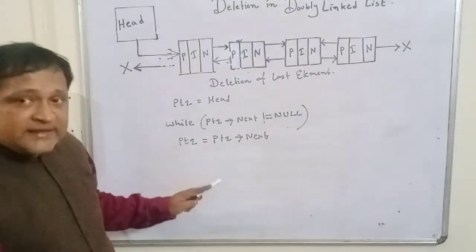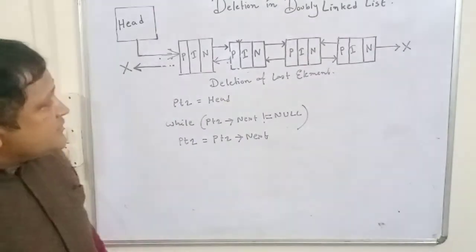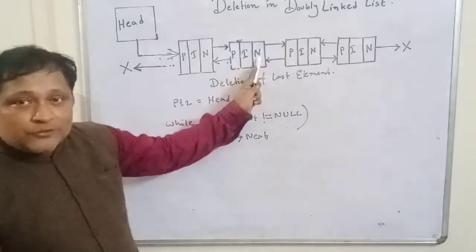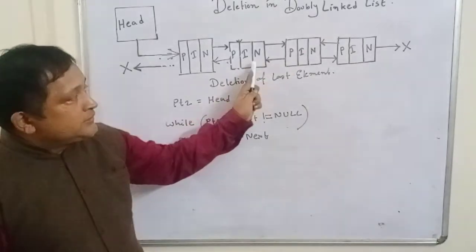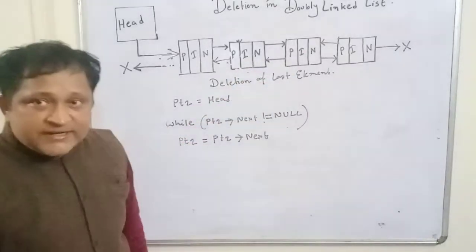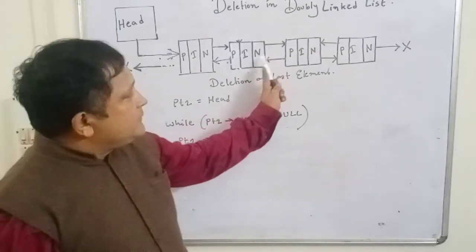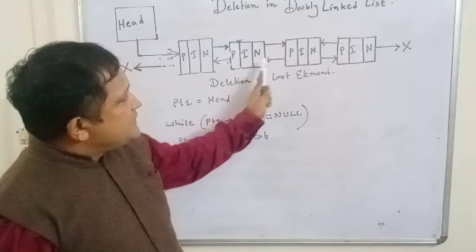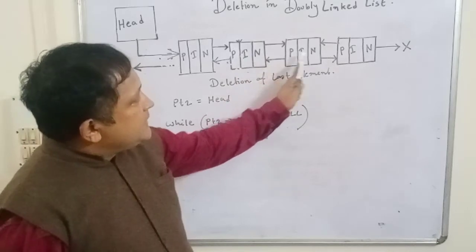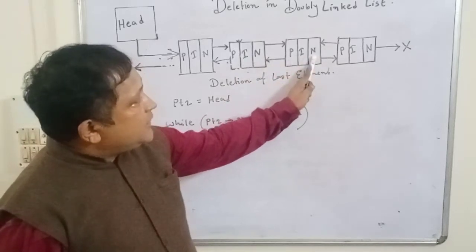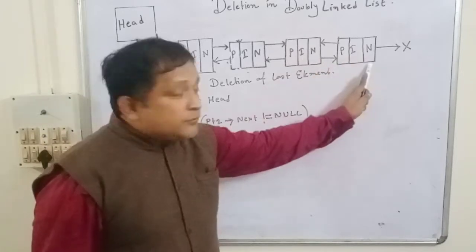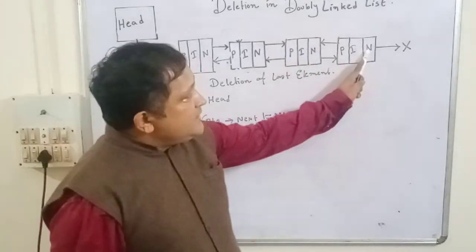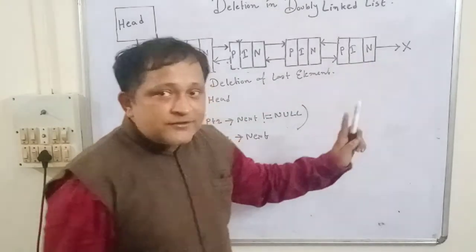Next step of the iteration, the PTR will be updated by the next part of the second node. This means address of the third node. And next step of the iteration, the PTR will be assigned by PTR next, the next of PTR. So this will hold the address of the next part of this third node, that is the address of the fourth node. And next step, it is finding that next part of the PTR is null, so the loop will terminate.